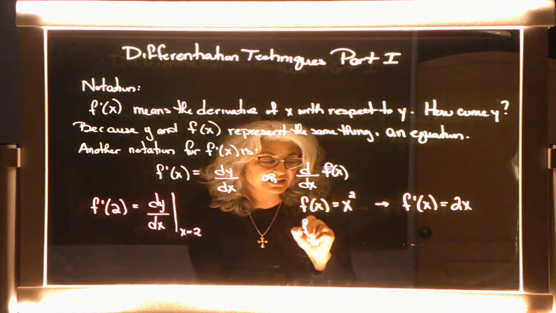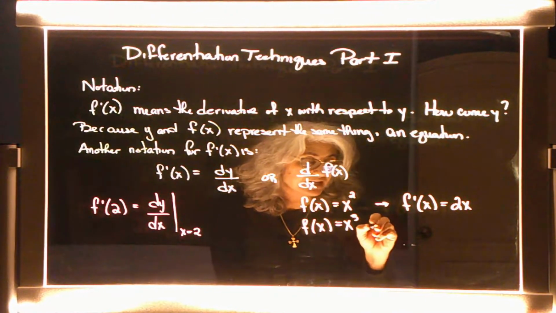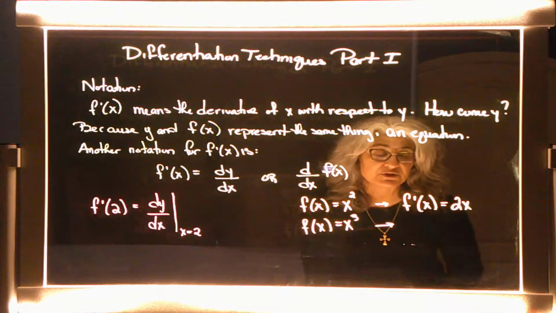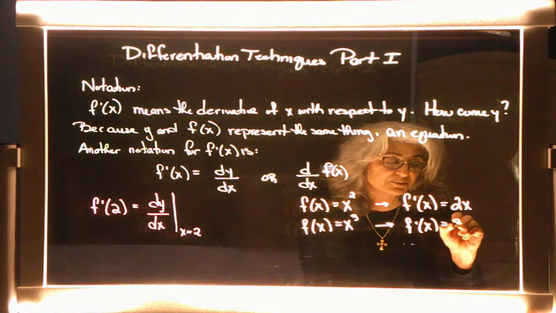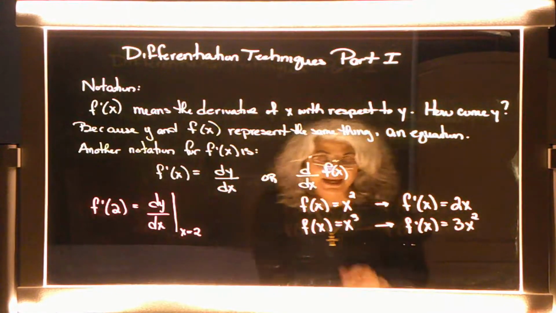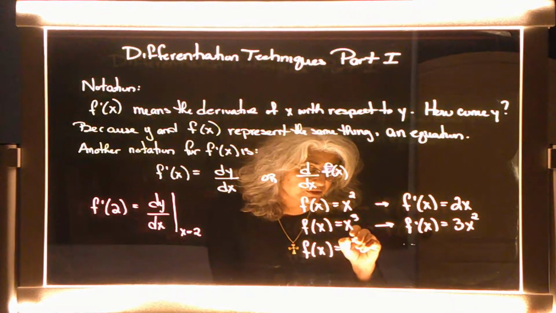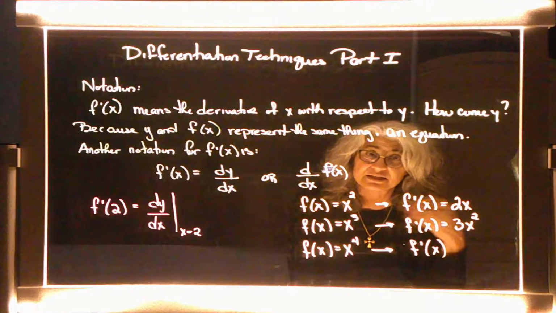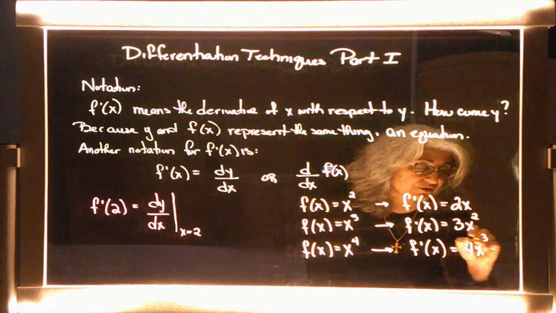If I take the function x to the third, and I take the derivative of it using the limit of the difference quotient, I'm going to find that the derivative is always going to be 3x squared. And the same thing, if my function is x to the power of 4, I'm going to find that the derivative, using that limit of the difference quotient, is going to be 4x to the third.